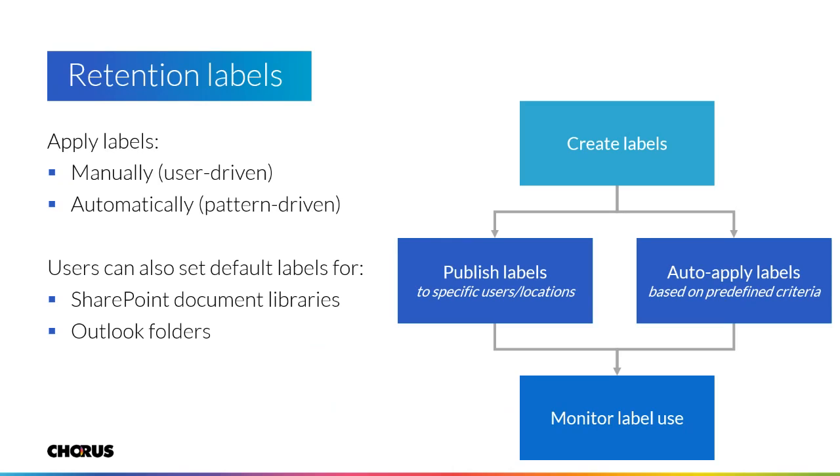So if you imagine someone working in an HR team, for example, they might have a folder in their Outlook inbox for job applications, and they might set a label on that folder to automatically delete those applications after 12 months or whatever it might be. Anything they drag into that folder is then automatically labeled, and that configuration is applied.